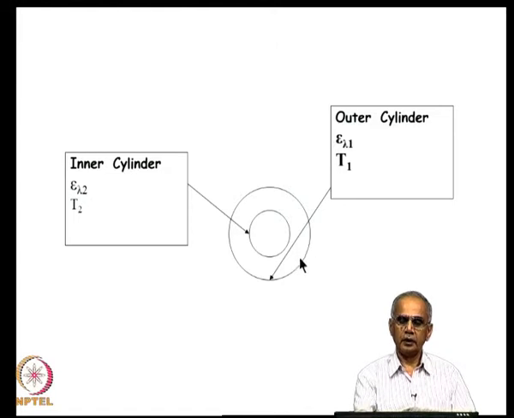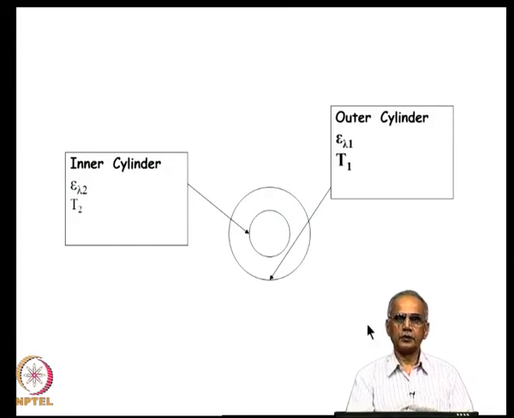Similarly, the inner surface of the outer cylinder, which is also silvered, has emissivity epsilon lambda 1, and the outer temperature is T1. So, our aim is to get an expression for the heat leakage from the outer to inner cylinder through radiation when the emissivities of the two surfaces vary with wavelength.